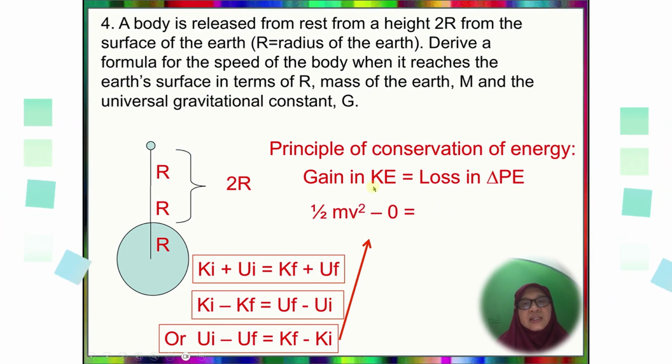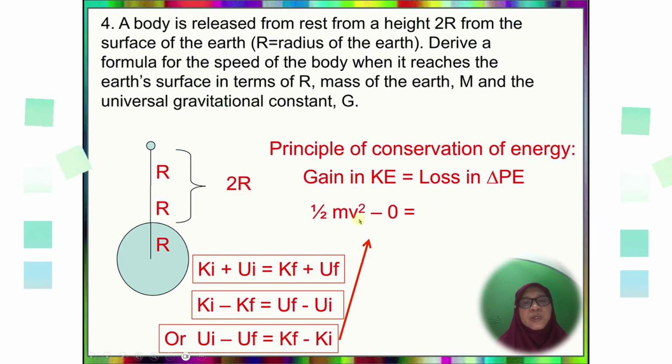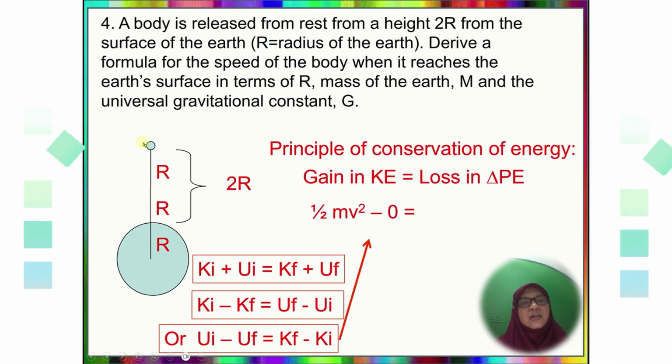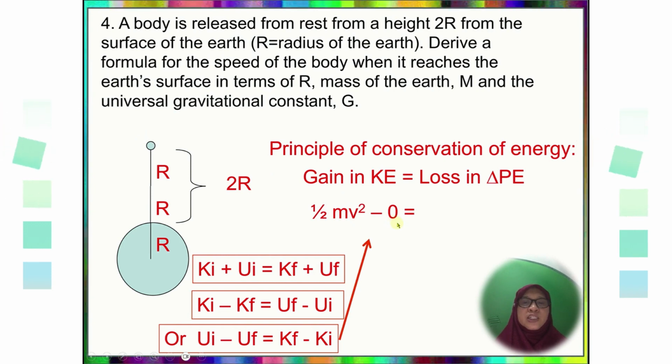Kinetic energy at the surface will be half mv squared minus 0, because at the start it is at rest, so that means 0.